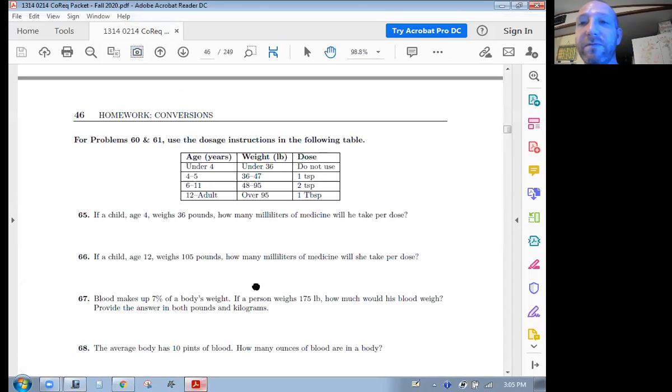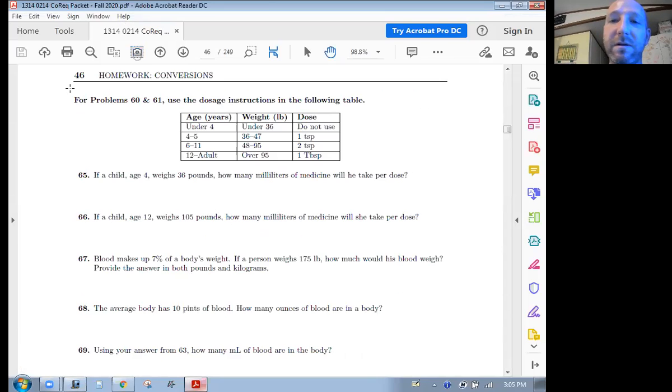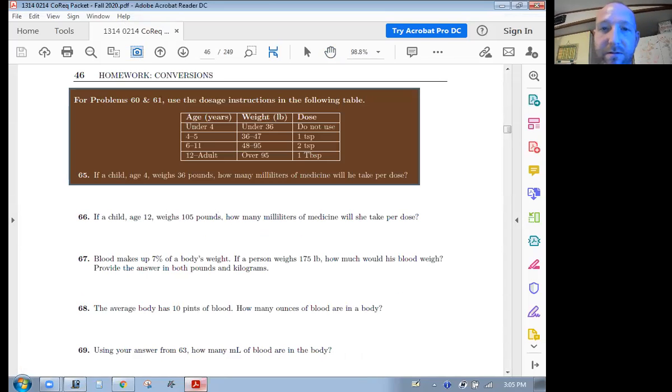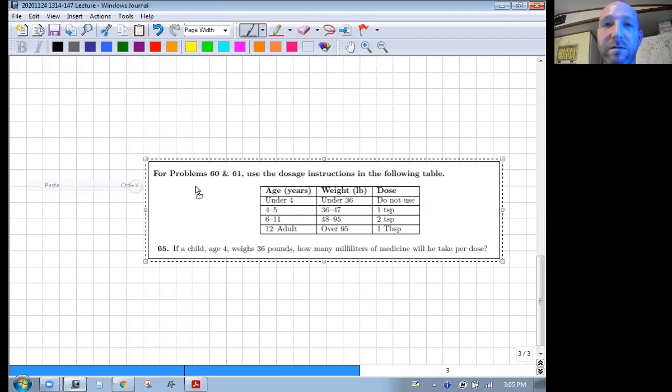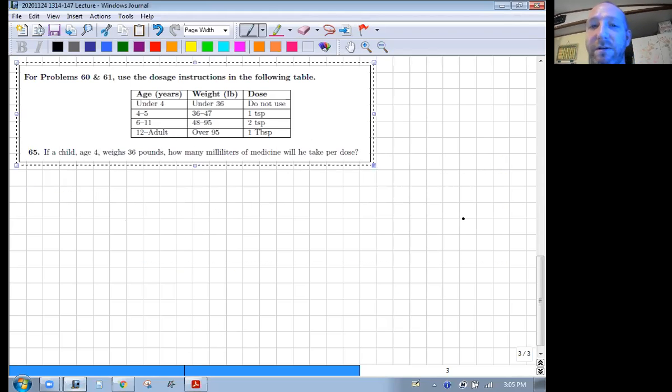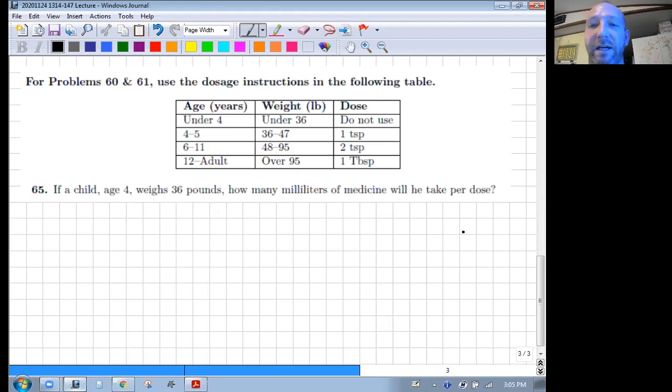All right, so for these problems, we have a chart here. Let's see if we can read our chart. All right, a child age 4. Weighs 36 pounds. How many milliliters of medicine will they have to take? Well, they need 1 teaspoon. How many milliliters is that?